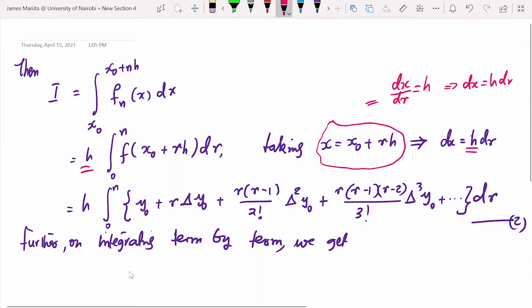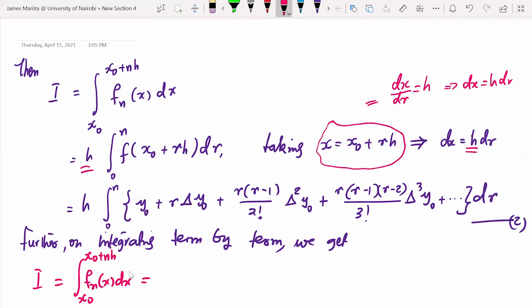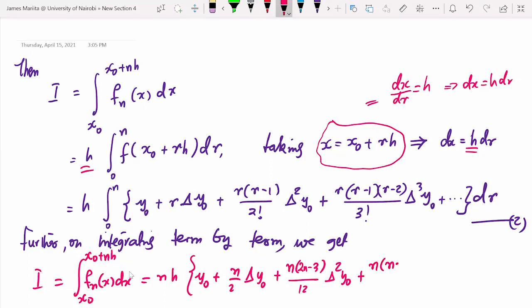I will be equal to the integral from x0 to x0 plus nh of fn, which is equal to nh times y0 plus n over 2 Δy0 plus n(2n minus 3) over 12 Δ²y0 plus n(n minus 2) squared over 24 Δ³y0, and so on.